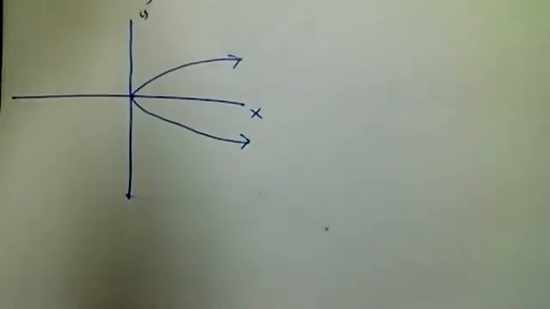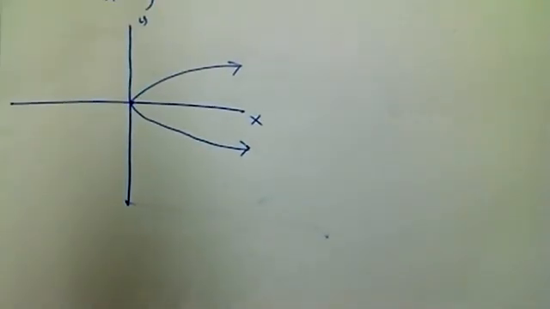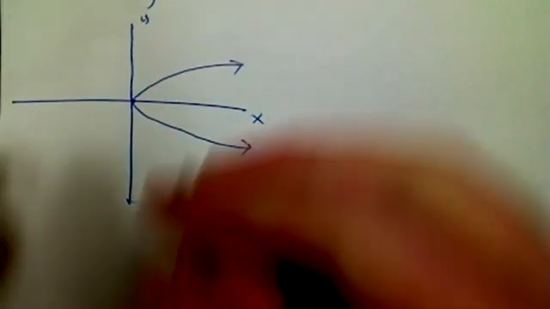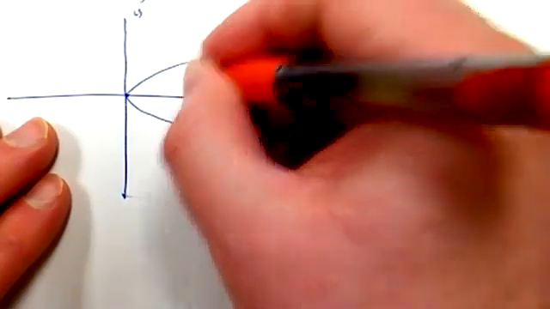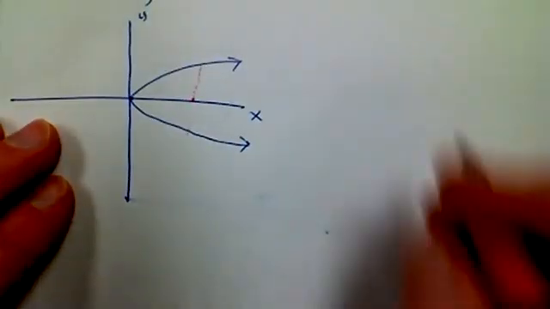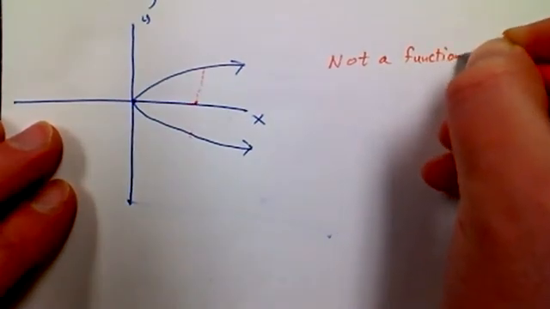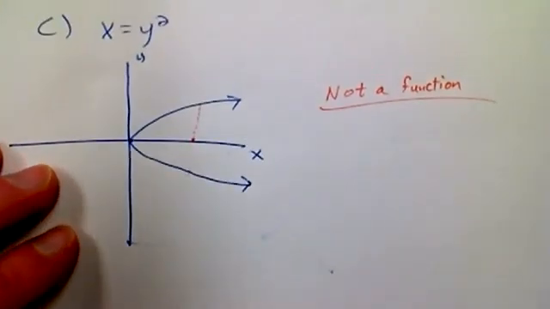Okay. So now let's look at C. X equals y squared. Now, if I use the vertical line test on this, notice that I'm intersecting in two spots. So I pick this x, it gives me two different y's. Because of that, this is not a function. But we can still find a domain and range here, okay?